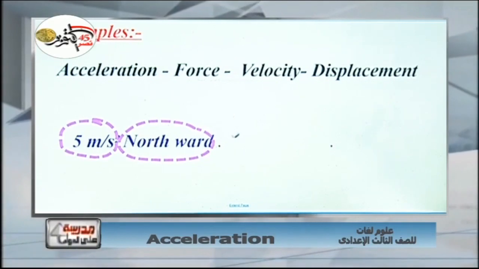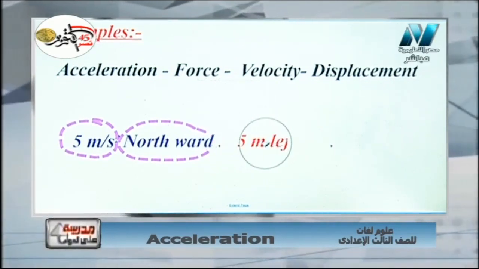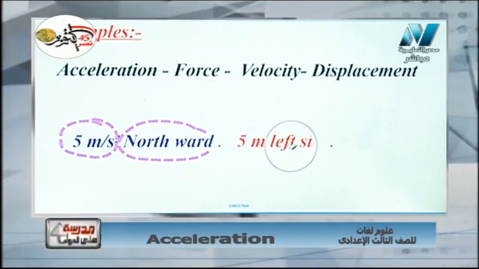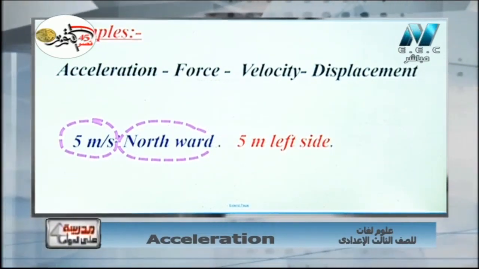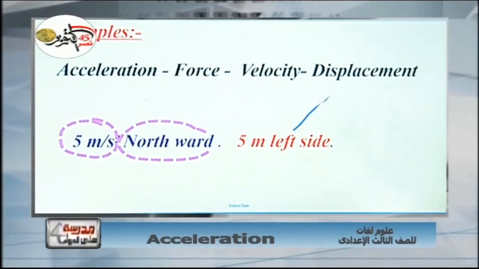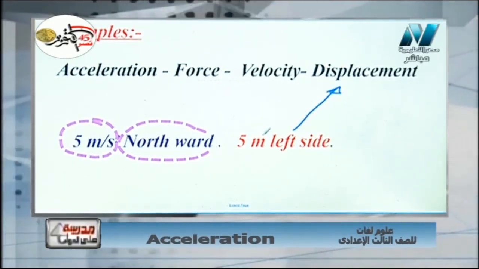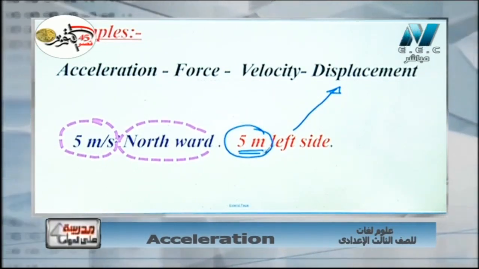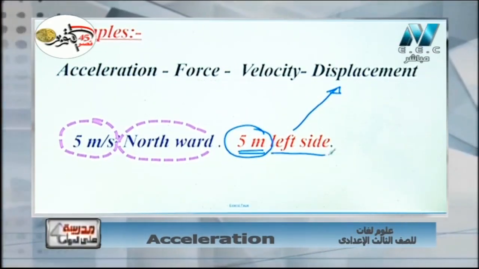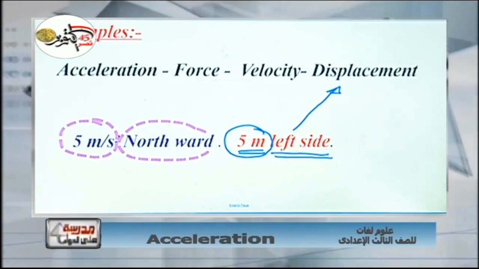If we say a force of 5 meters leftward, or left side, here we talk about displacement. Displacement has the same measuring unit as distance, but we have to identify it with magnitude beside direction.